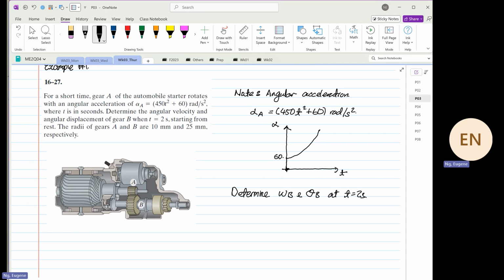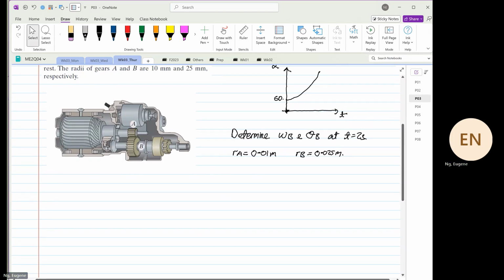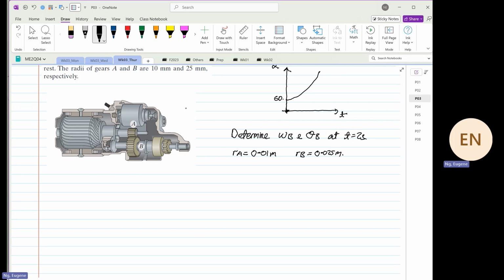What we know is r_A is equal to 0.01 meters, and the radius of B is equal to 0.025 meters. So we have no other information. If we were to sketch, you have to have a relative transformation. So this is x, y.